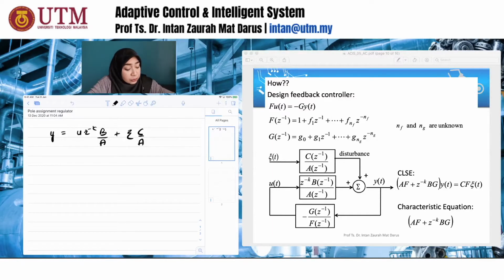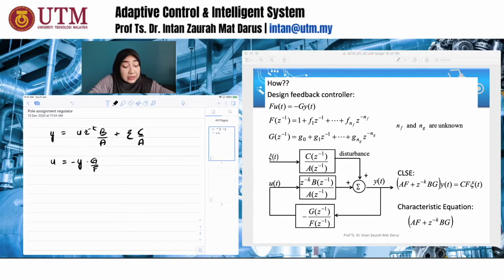At the same time, you know that u is no longer just an input. u is now becoming y multiplied by G over F, with a negative sign there. So that is the equation for u.